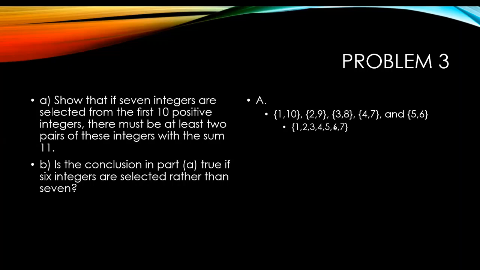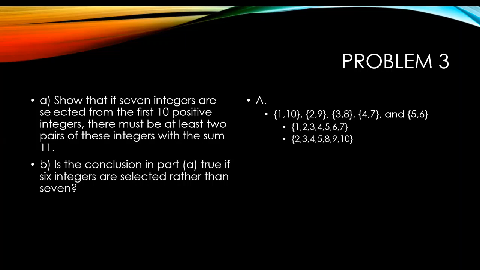4 and 7. 5 and 6 also. Another example: instead of the first 7, let's choose randomly. I have 2, 3, 4, 5, 8, 9, 10. Is there a pair of integers that will add to 11? Yes, 2 and 9, and 3 and 8.